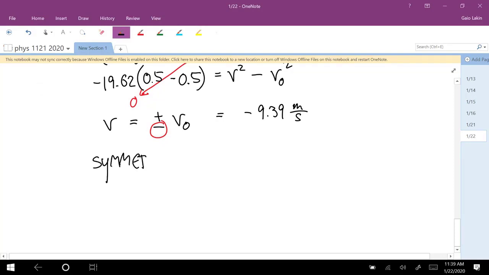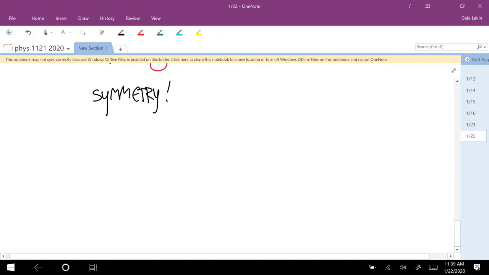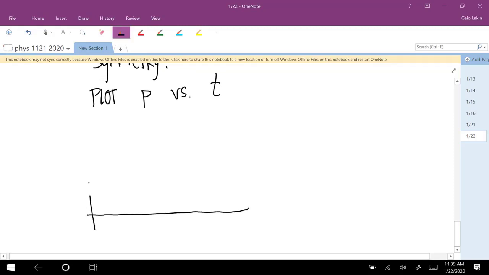Where does that symmetry come from? Well, if you plot a position versus time graph, here's the position, and here's the time, and this motion is going to be a parabola.